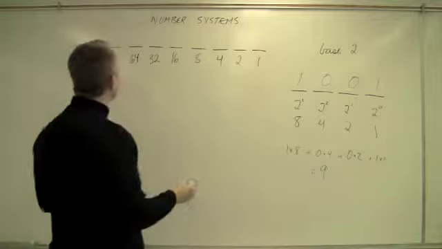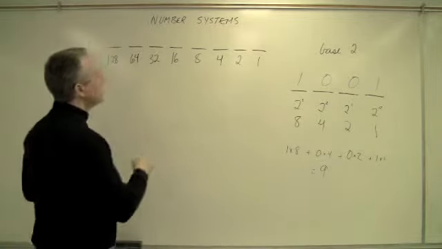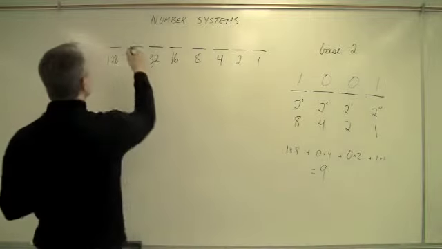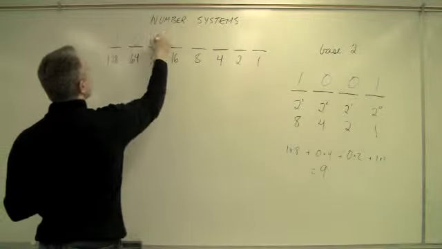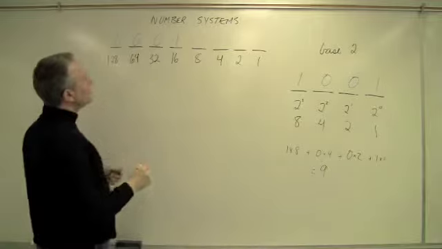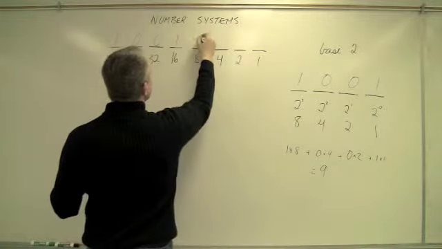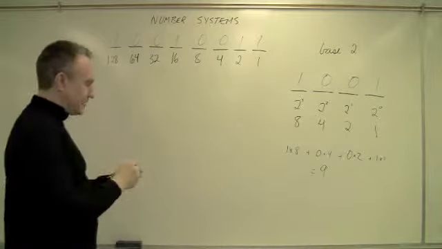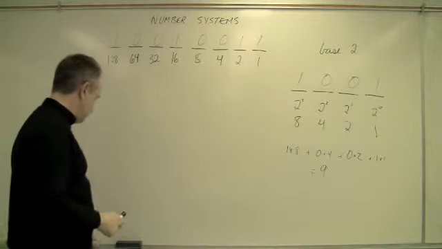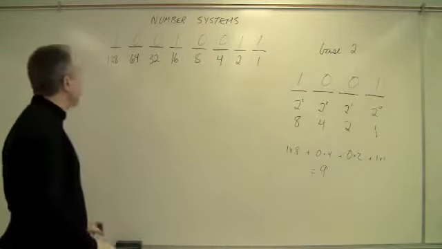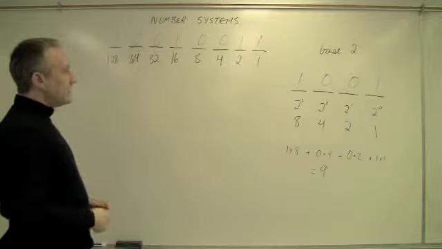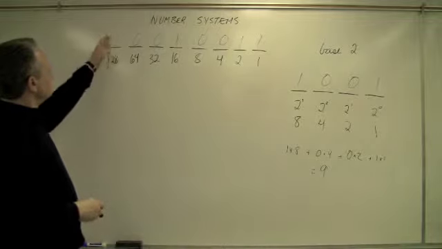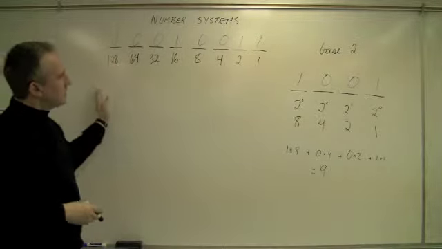So we'll do another example, and this time we'll do an 8-bit number instead of a 4-bit number. Say 10010011. So we'll convert that. Again, we do exactly what we did before. Multiply each digit by its weight value and add them up.